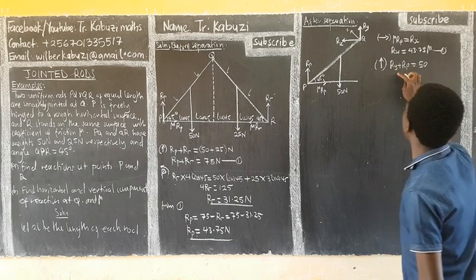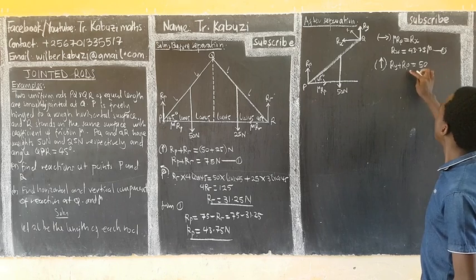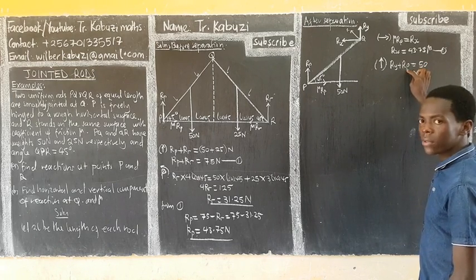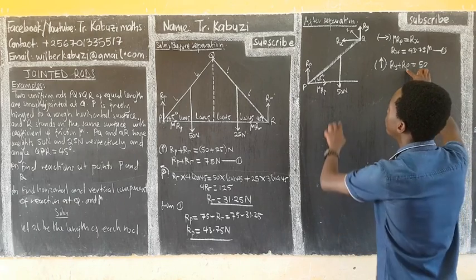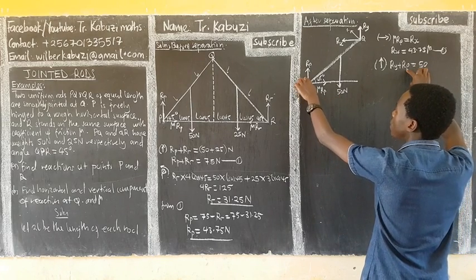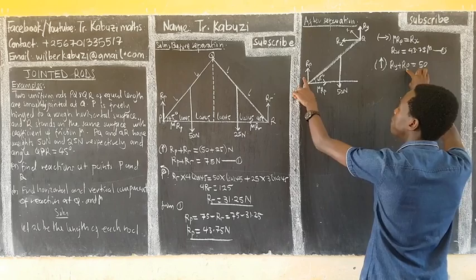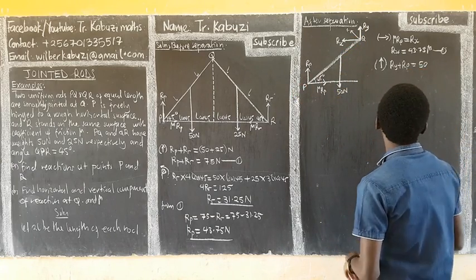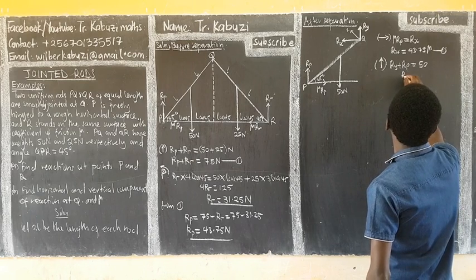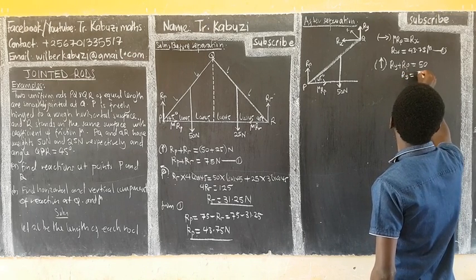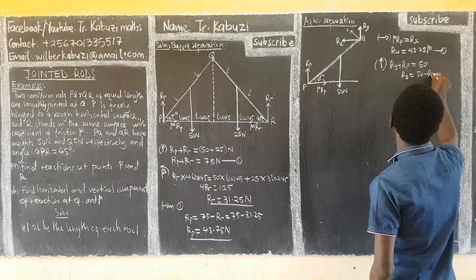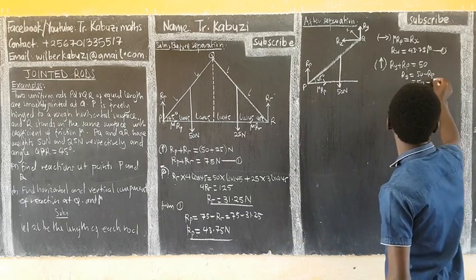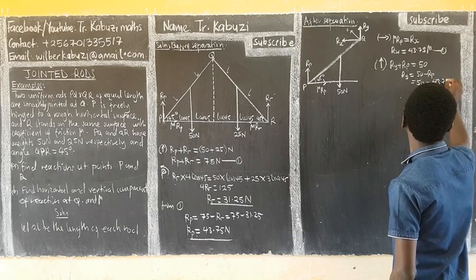But I can't say 50 plus Ry is going to be equal to that, because it can't be possible. Because this is already 50 and this is below 50. So it means that we have to add a component so that it can balance with this 50. So from there I can get my Ry as 50 minus Rp, which will be 50 minus 43.75.